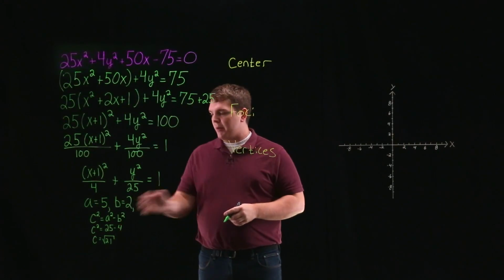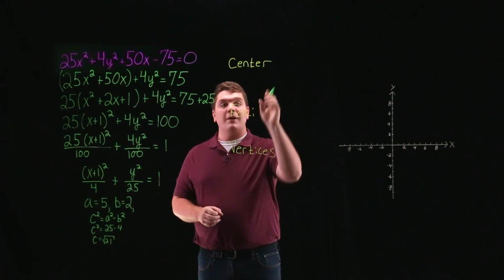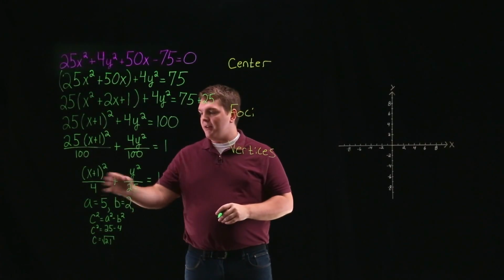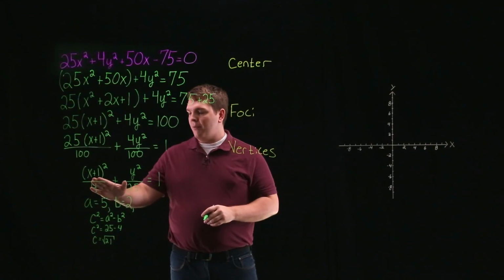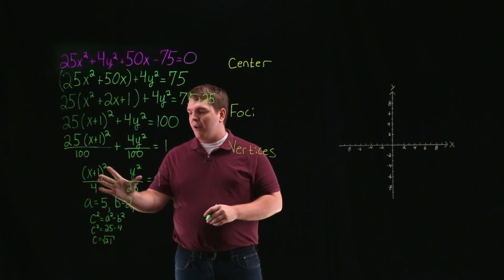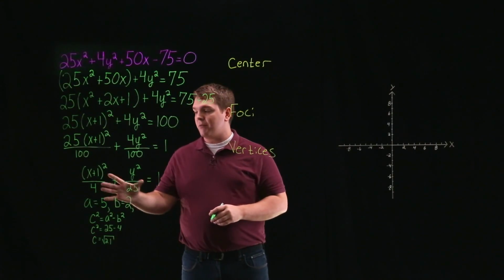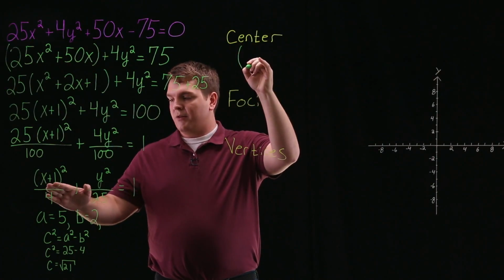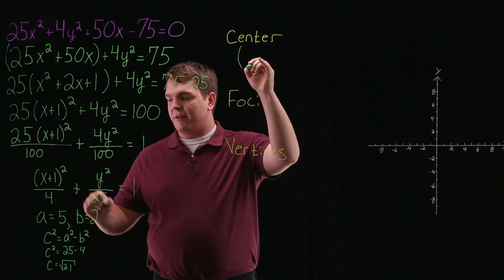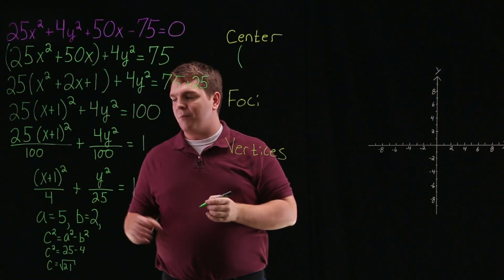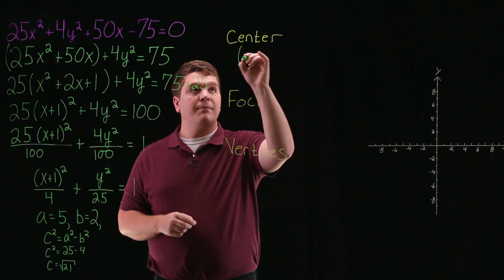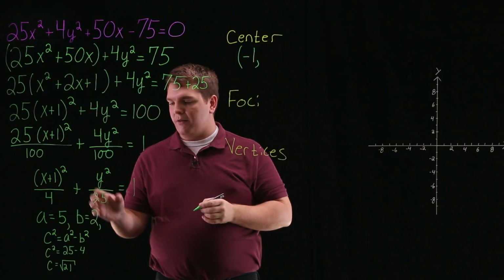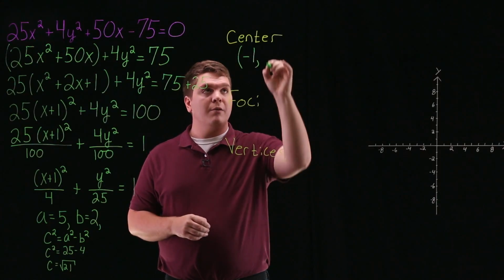Now that we have these pieces of information, we can write down our center, our foci, and our vertices. Our center is given by -1, 0, and this comes just from observing the standard form of the ellipse. Here, our h value is -1, thinking about this x plus 1 as x minus a -1, and our k value is 0.